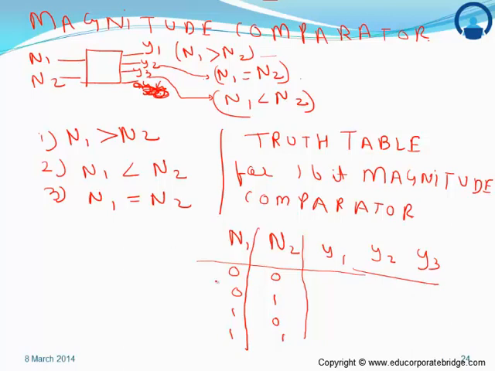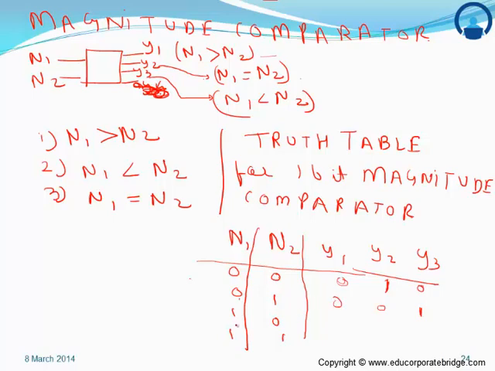Now let's compare n1 and n2. Both are 0, so n1 is equal to n2, which is represented by y2. So here y2 will be high, the rest will be 0. Similarly, for n1 0 and n2 1, n1 is less than n2, which is represented by y3. Therefore y3 will be high, y2 and y1 will be low.